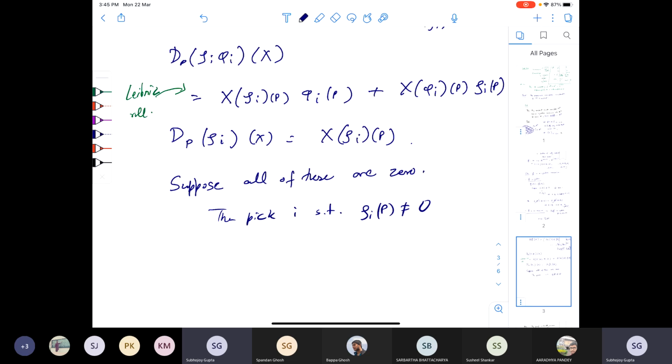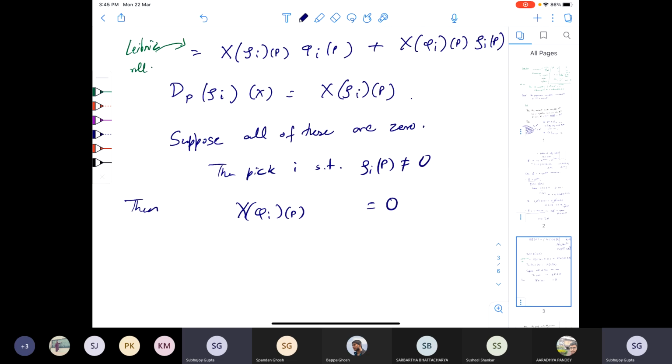So we have x of phi i at p times rho i of p is equal to 0, but that just means that x of phi i at p is equal to 0, right? So we have this equals 0, which is a contradiction because phi i is a chart, and hence is an immersion.